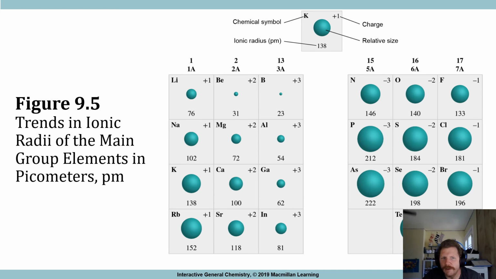Now, you have this trend in ionic radii of the main group elements, and this trend is fairly similar to the atomic radii. The only thing worth noting is that the right-hand side of the periodic table is mostly nonmetals, and those nonmetals like to form anions.